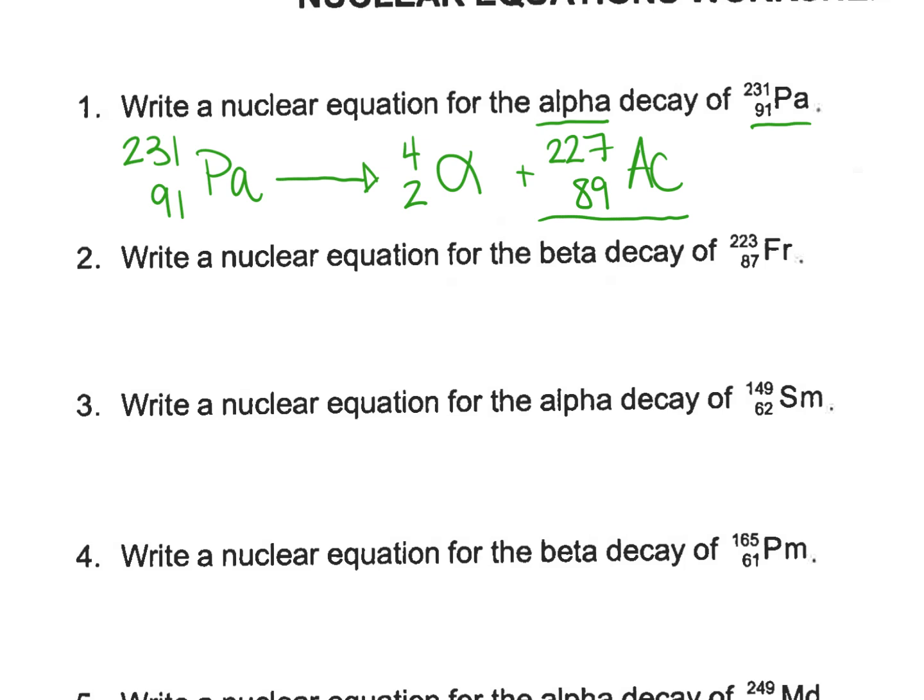Okay, let's take a look at number 2. We're going to write an equation for the beta decay of francium. And you're just going to start with this symbol. So you're just going to rewrite it exactly how you see this. And then all of these are always going to decay, so the arrow comes next.